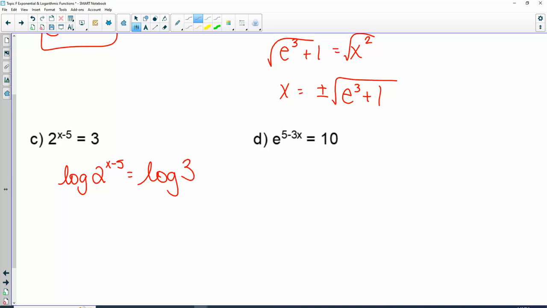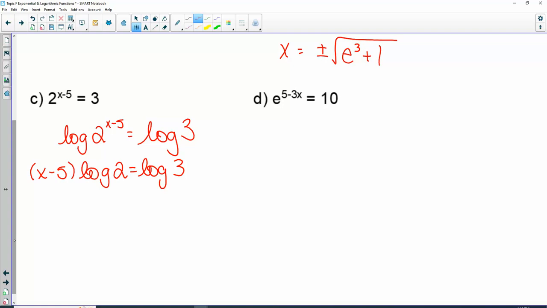And then properties of logs, what happens? The exponent drops down. You divide the log over.